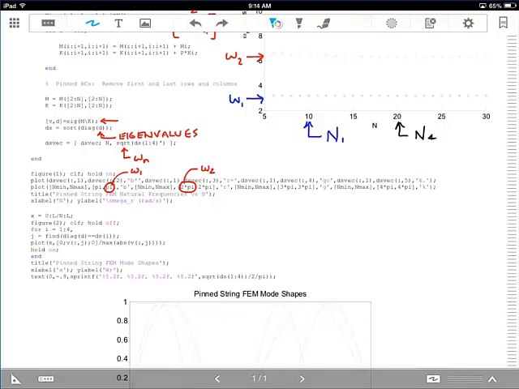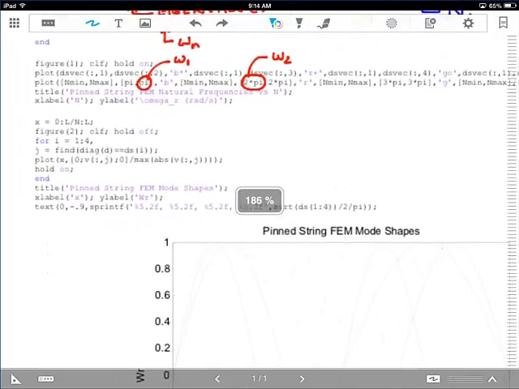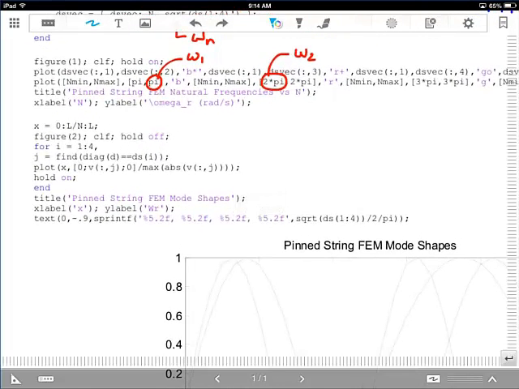Alright, so then we want to plot the mode shapes out. So plotting the mode shapes, of course, you have to have an x vector. It's just going to be the x values for all of the elements.